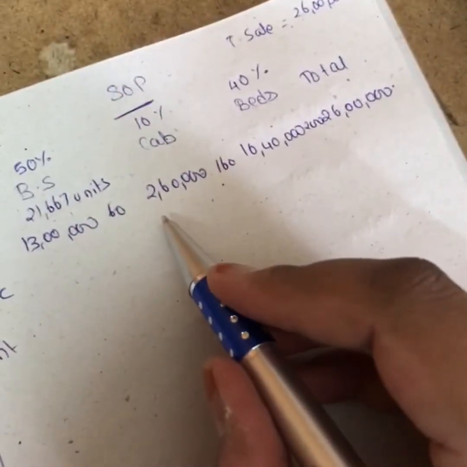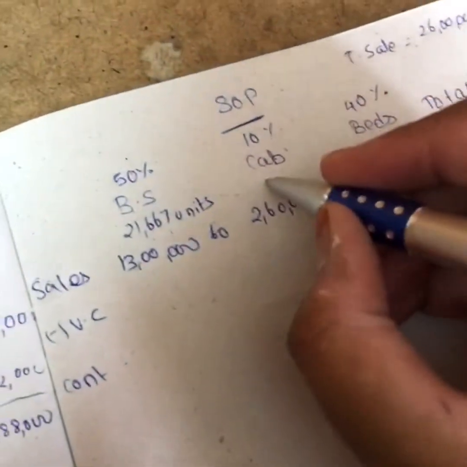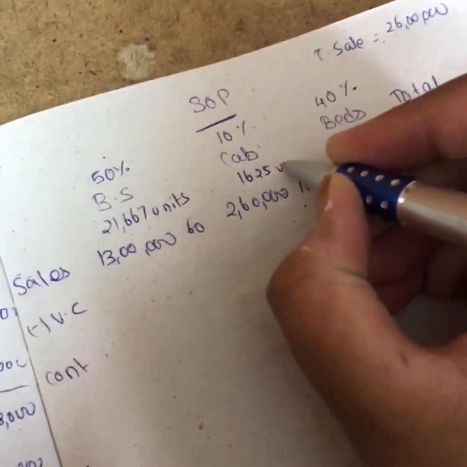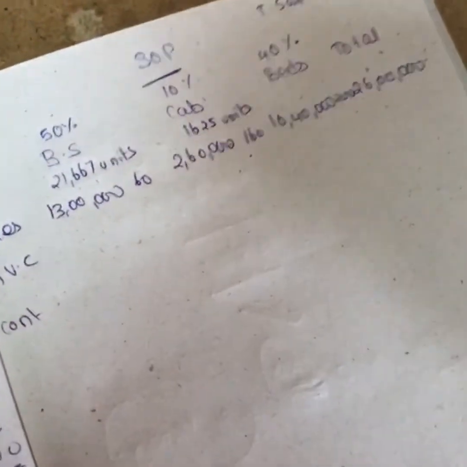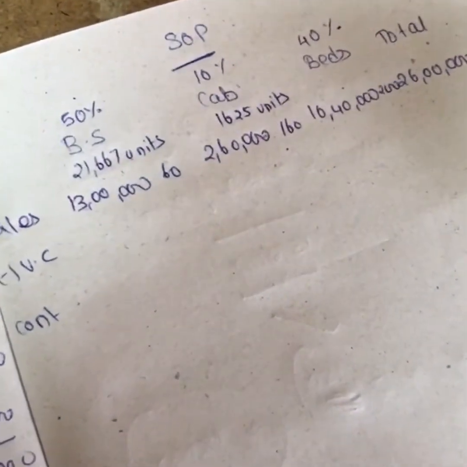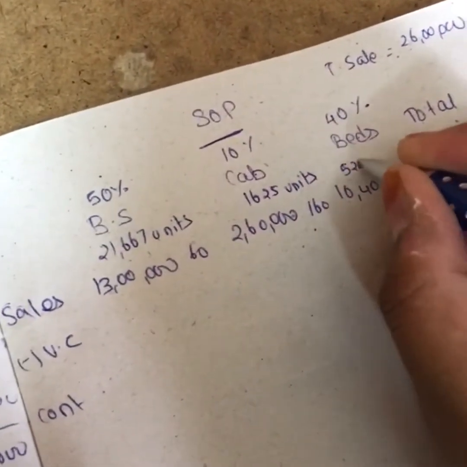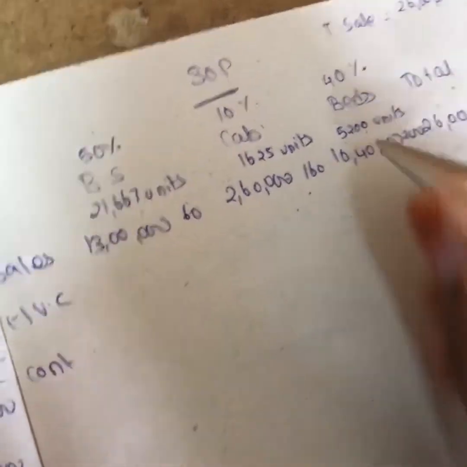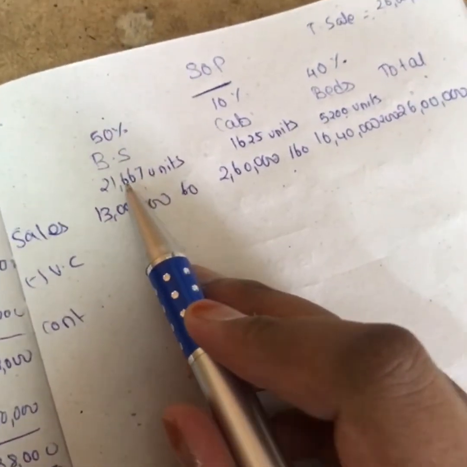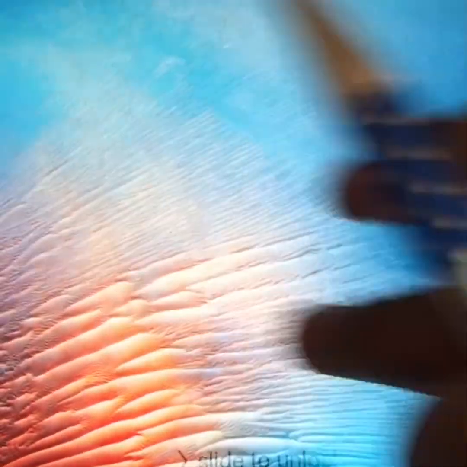Then if I divide 2,60,000 by 160, I get 1,625 units. Then if I divide 10,40,000 by 200, that is 5,200 units. So we calculated the units. With these units, I will multiply my variable cost per unit.